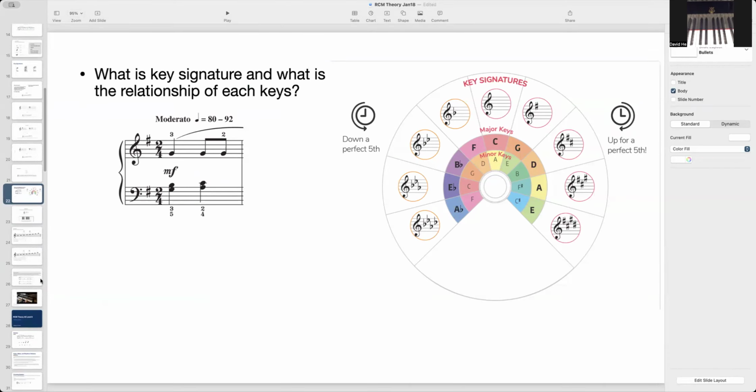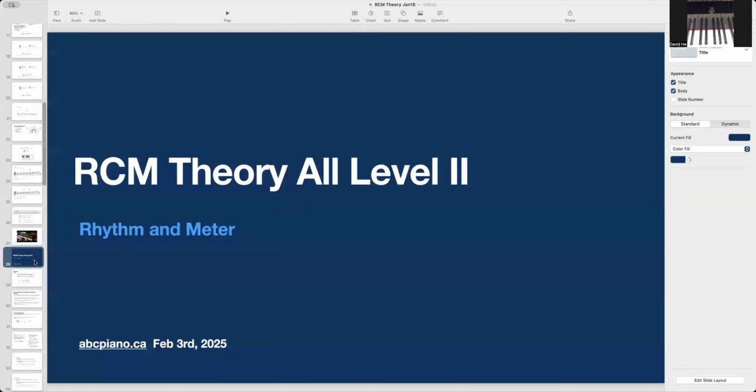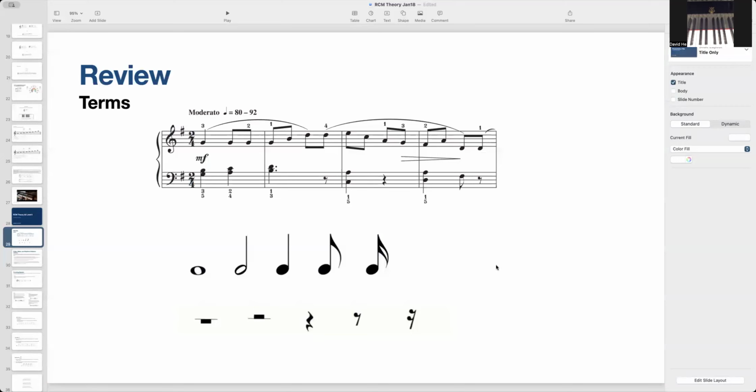Okay, let's move on to the next one. Rhythm and meter. So rhythm is totally different from another word, which is tempo. Tempo is tempo. Rhythm is rhythm. They are different.